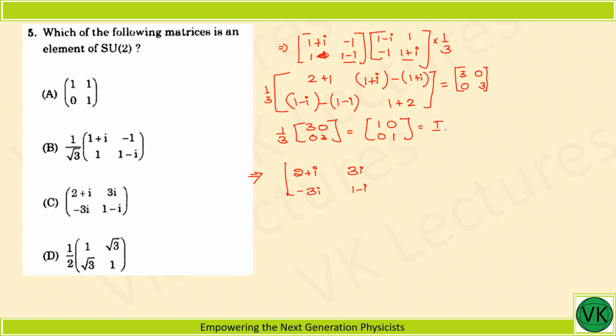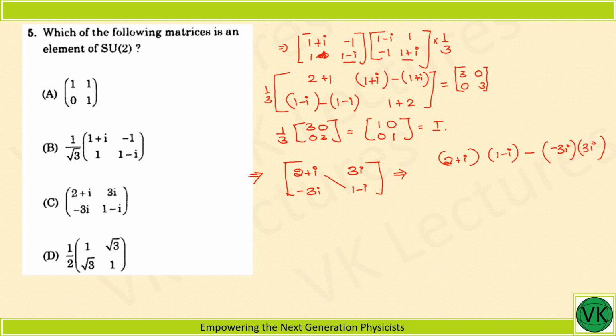Before finding the transpose, let us find the determinant. The determinant should be equal to 1. So (2 plus i) into (1 minus i) minus (minus 3i) into (3i).